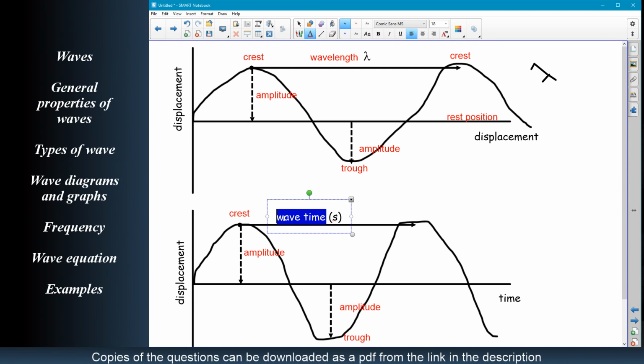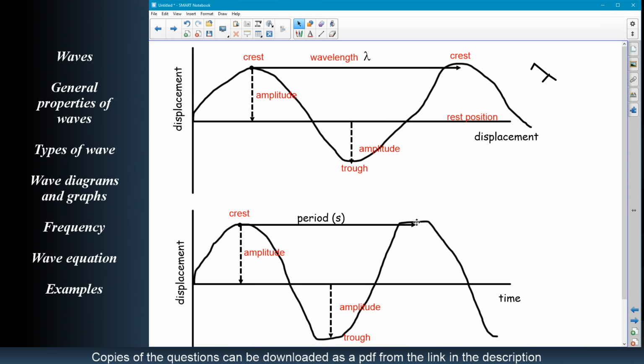Now, we don't call it the wave time because that would be far too sensible. It is the time taken for a full cycle of the wave, and we call that the period of the wave. For those of you who attend school, you have period 1, period 2, period 3, period 4, and each is a certain amount of time, normally a set time after which the cycle starts again.